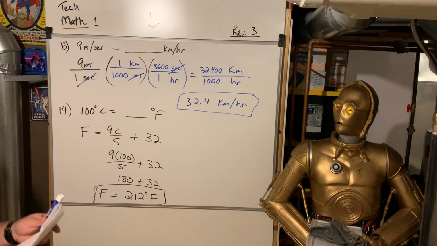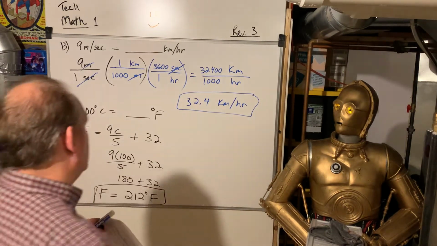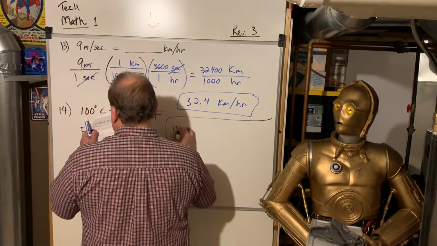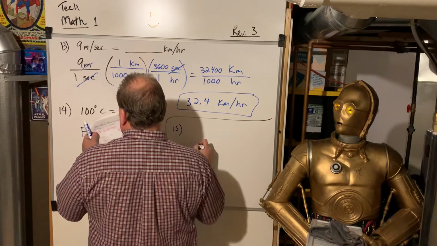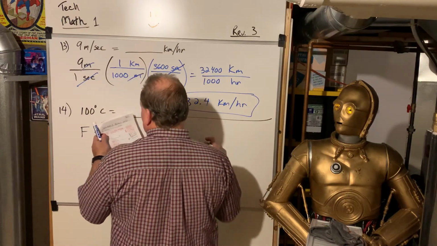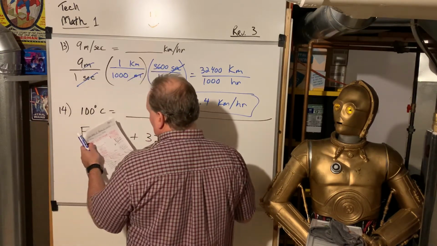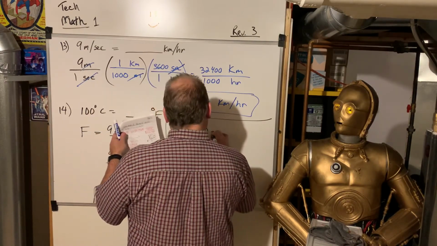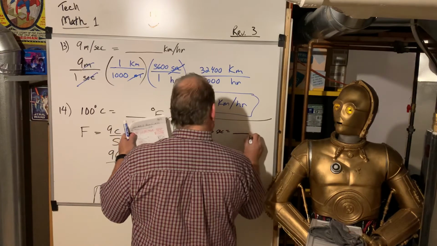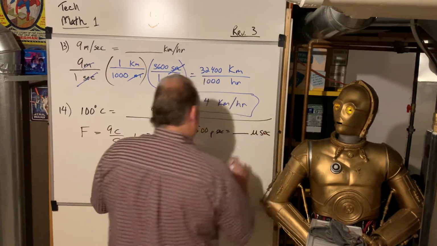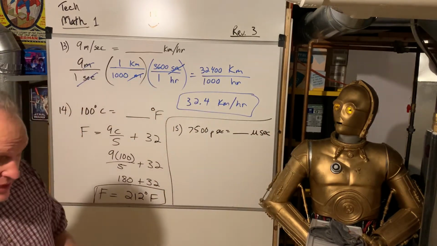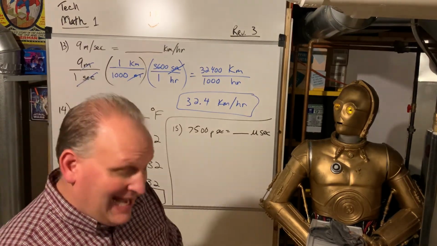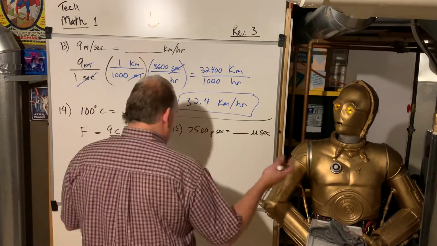Okay. And then the last conversion one here, we'll squeak that one in here. That wanted us to go from picoseconds to microseconds. All right, and so again, Blue Book page 259 for that one, or use your conversion sheet.